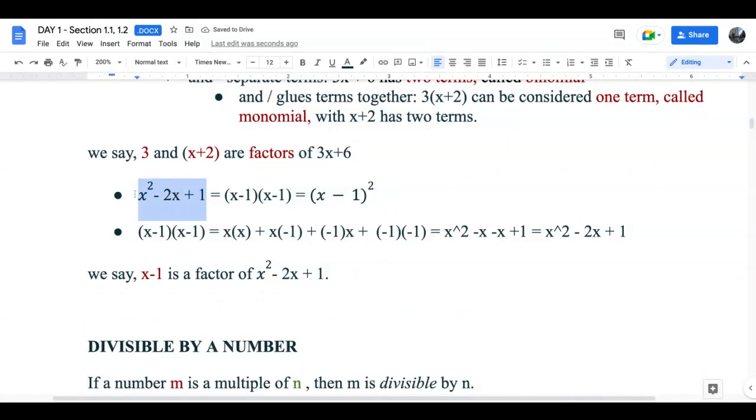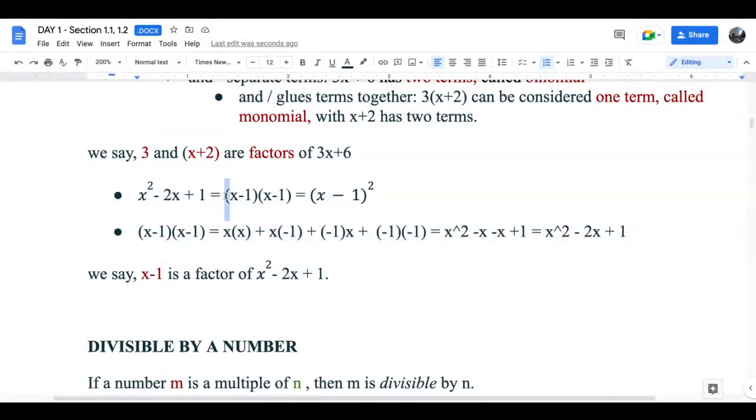Well, let's see this one. Quadratic expression, right? x squared minus 2x plus 1. We know that's x minus 1 times x minus 1, or x minus 1 squared. So we see this expression has two factors, right? Or has one factor with multiplicity of 2. You're going to learn multiplicity later on, all right?